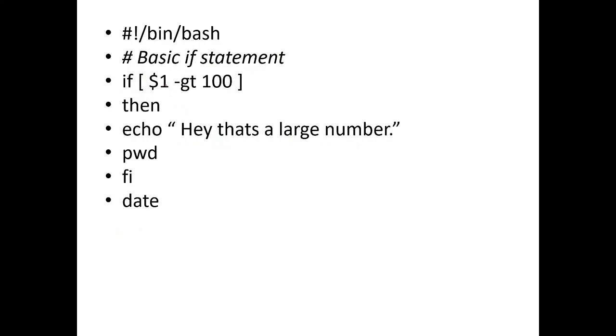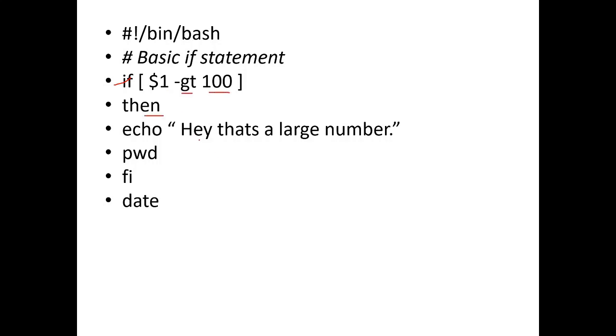See another example. $1 is a positional parameter which we studied in the previous topic. In $1, whatever input is passed from the command line, that is from the terminal, that value will be stored. So we are checking whether $1 is greater than 100.